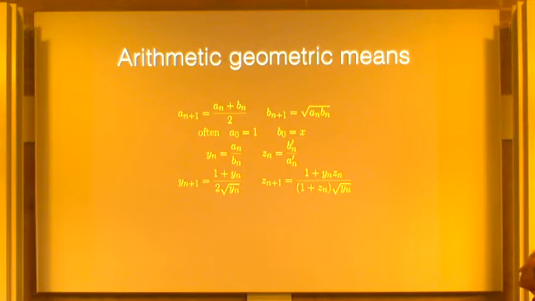If you take two numbers and you compute the arithmetic mean, and you compute the geometric mean, the two means that you obtain are not the same. But this one is always bigger than that one. And they're not the same, but they get closer actually.